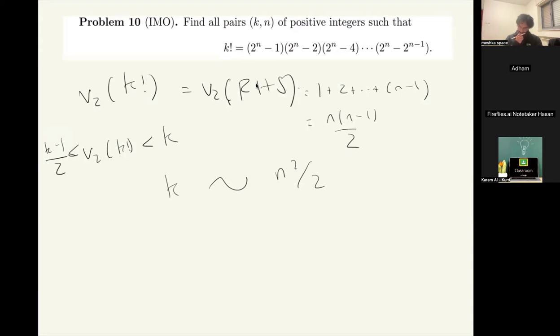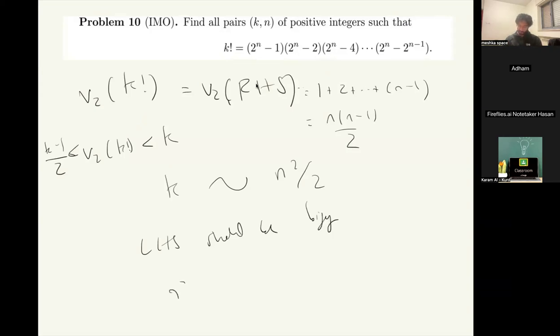I think the point is that we should expect the left-hand side to be bigger. If this is true, it means the left-hand side should be bigger, right? Why is this?